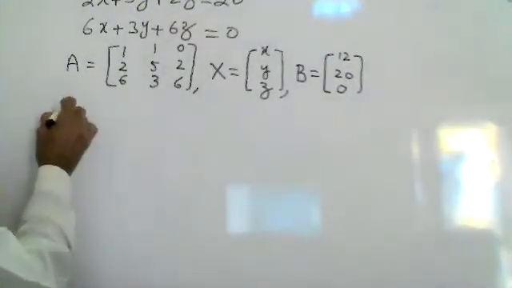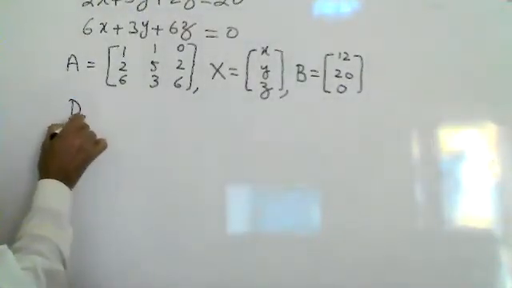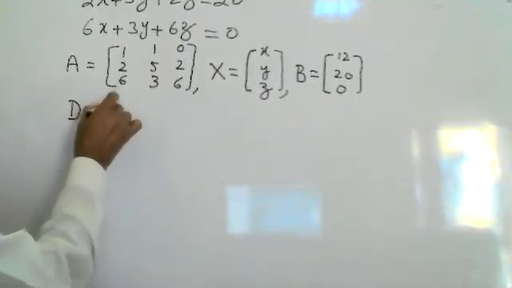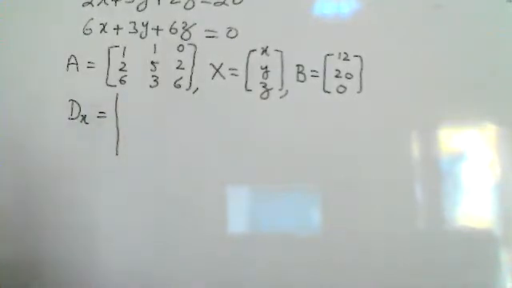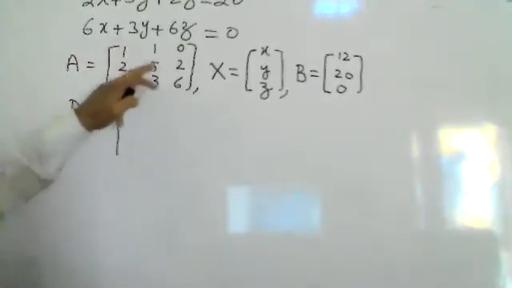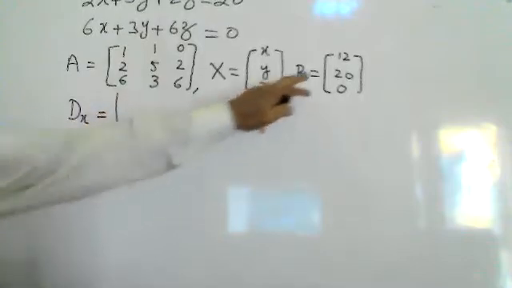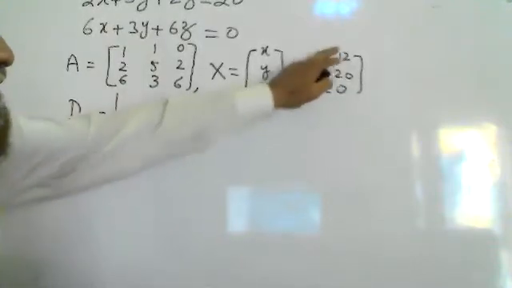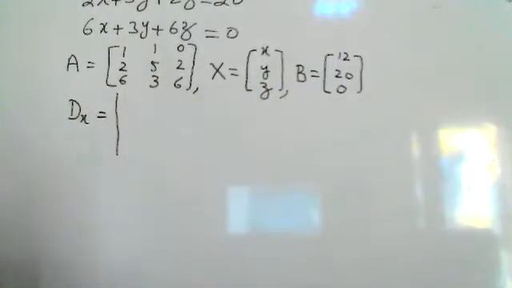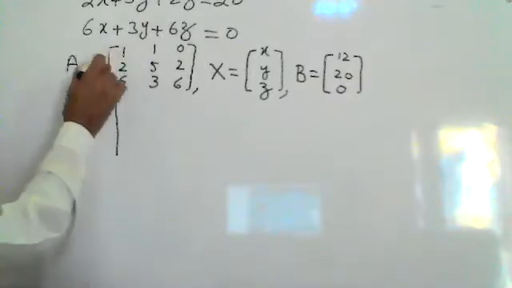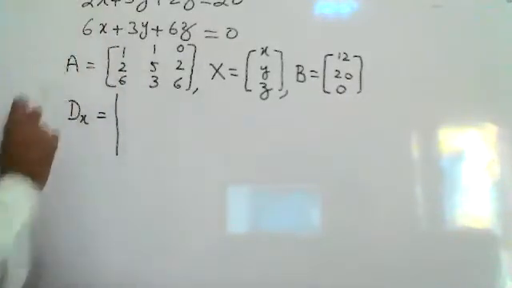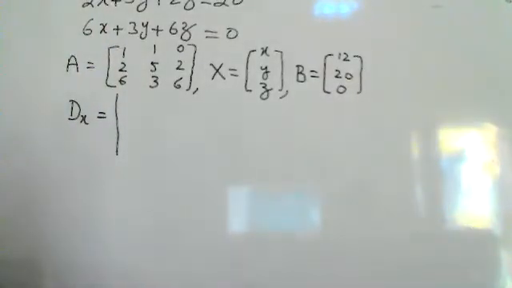Dx is the determinant in which the coefficients of x are removed and replaced by the constants. This is the column of the coefficients of x: 1, 2, 6. These are the coefficients of x.